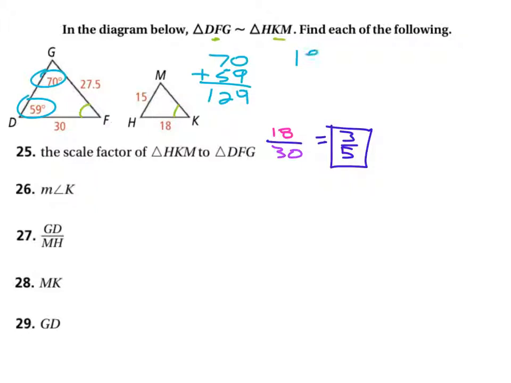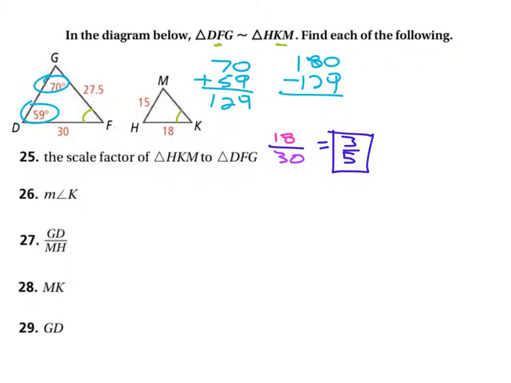129. And then we've got to take 180 and take away 129 from it to see what's left. That's 51 degrees. So I'm going to erase that work now, and we know that that angle should measure 51 degrees.